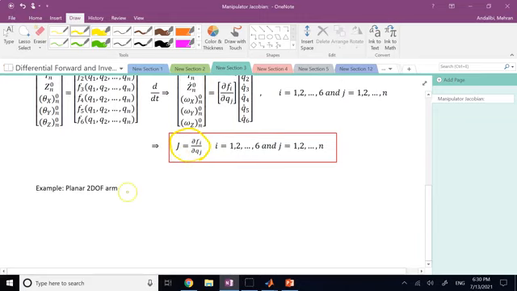So here we have done this planar 2DOF arm. So maybe we try something different. Let's work on a 3 degree of freedom planar arm, right? Let's do something a little bit different. So the 3 degree of freedom planar arm is something like this.